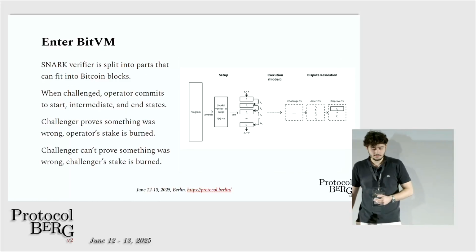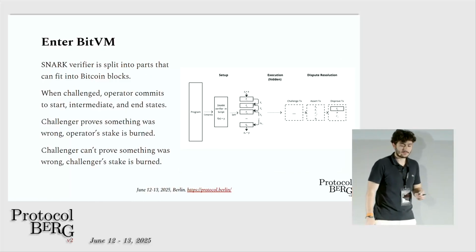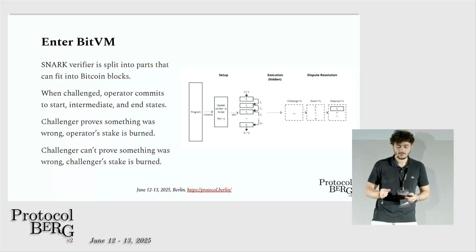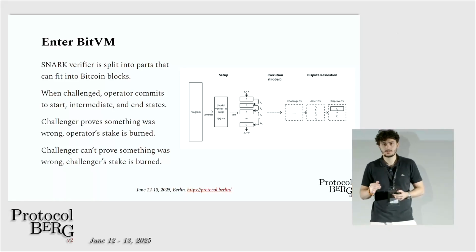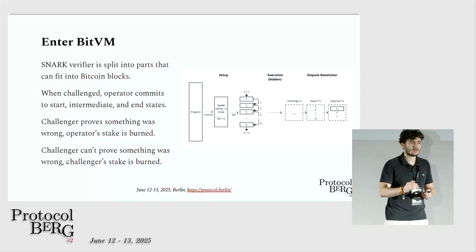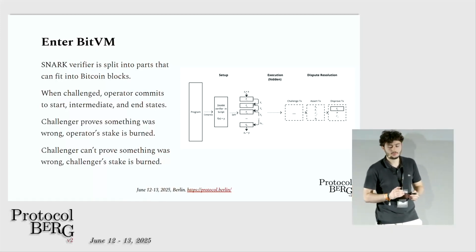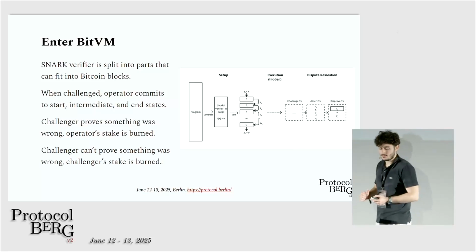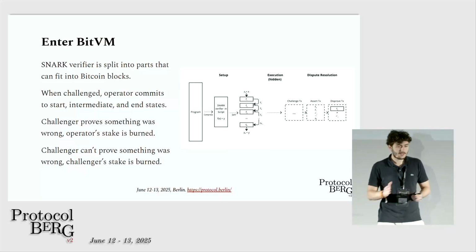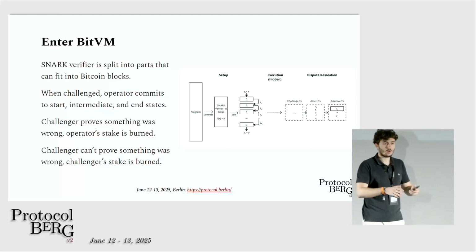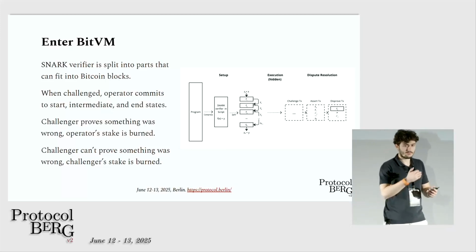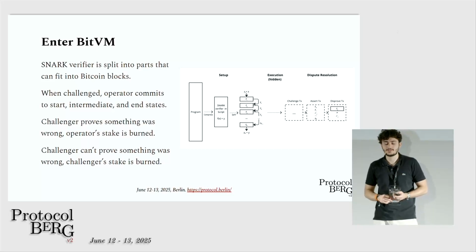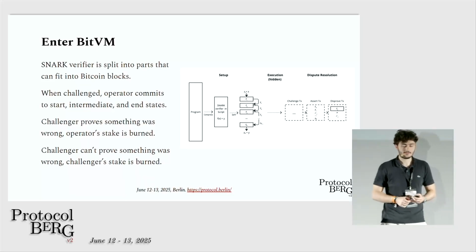So how does BitVM achieve that? The Groth16 verifier part, I think, is a bit easier. You chop up your Groth16 verifier into chunks that can fit into Bitcoin blocks. And whenever there is a challenge, the challenger forces the operator, let's say, the challengee, to commit to start, end, and intermediary steps of these functions.